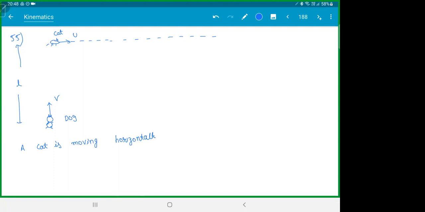This is a good question. The dog is chasing the cat with speed v, where v is greater than u.